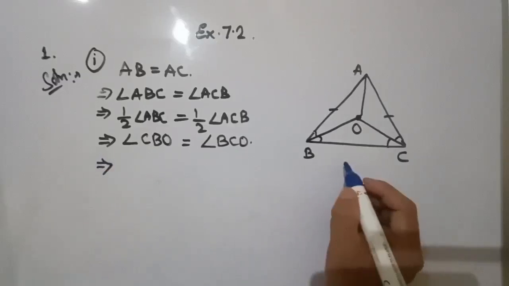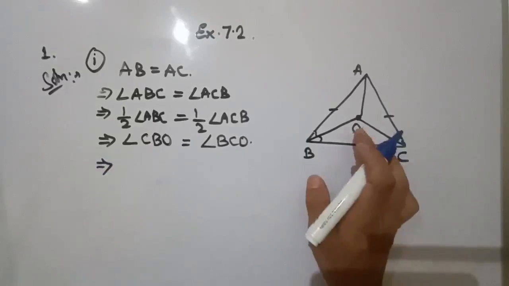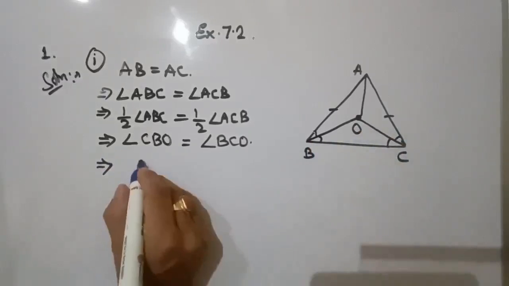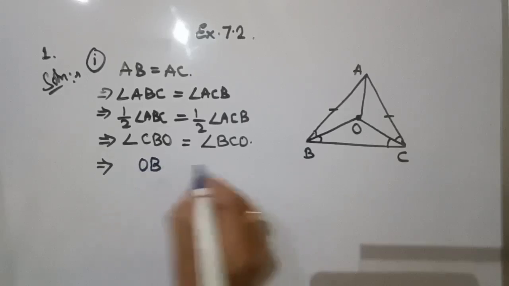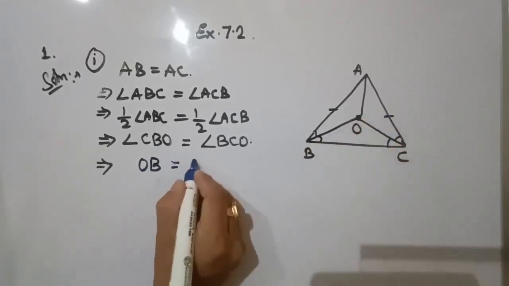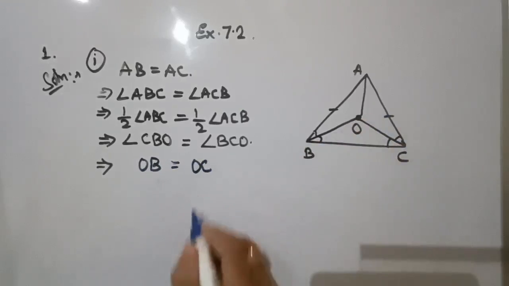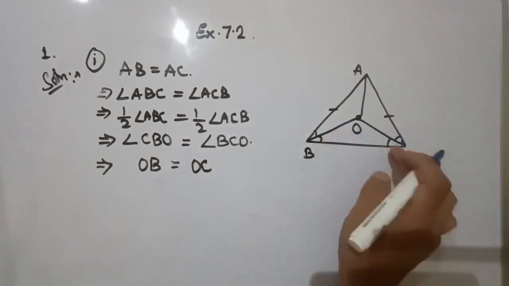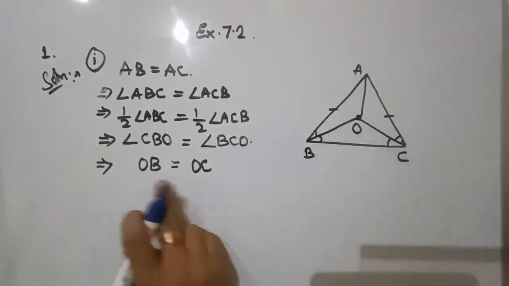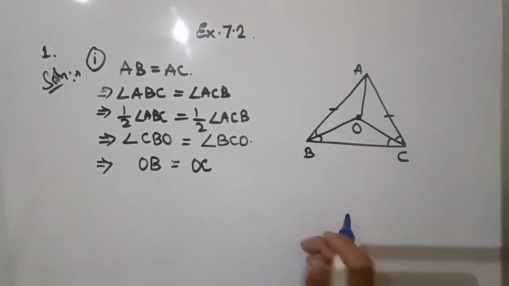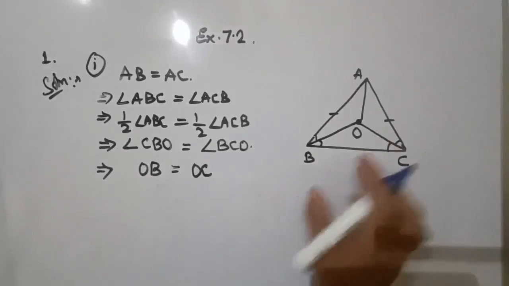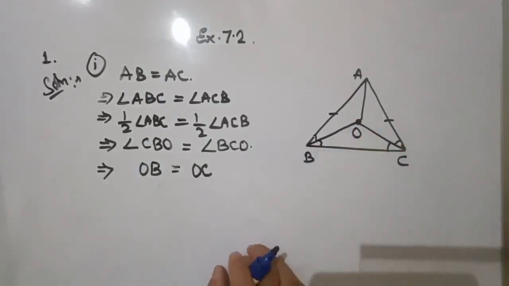Implies now angle OBC is equal to angle OCB, so from this we can conclude that side OB is equal to side OC. Why? Because sides opposite to the equal angles are equal in length. This is one of the properties we have learned in the earlier session. So side OB is equal to side OC.